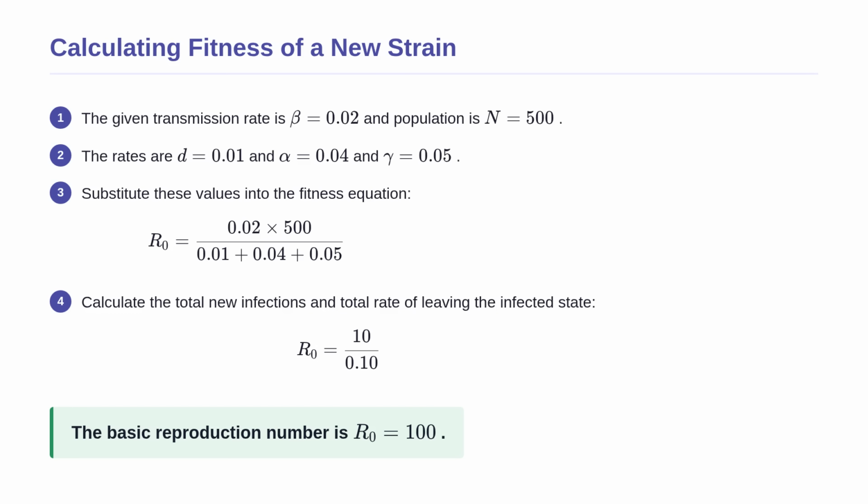We multiply the transmission rate by the population to get 10 new infections per day. We then divide this by the sum of the ending rates, which is 0.10. The result is an R0 of 100. This means the strain will successfully spread.